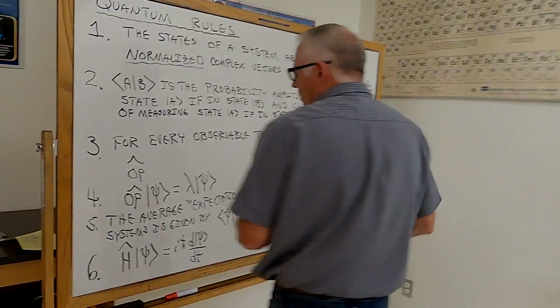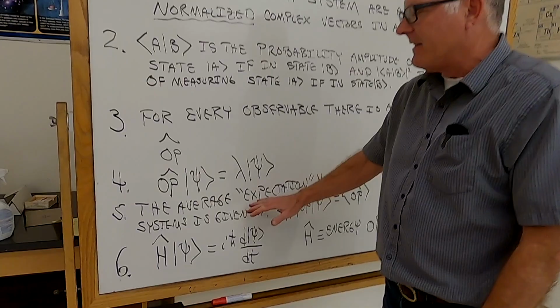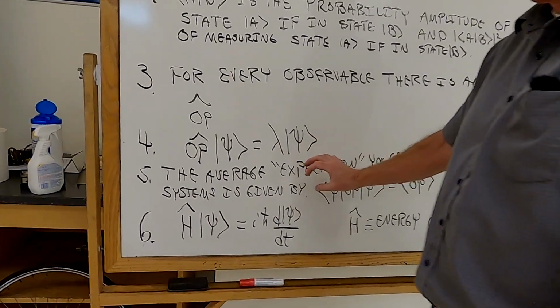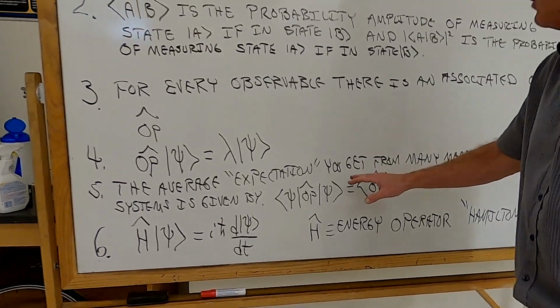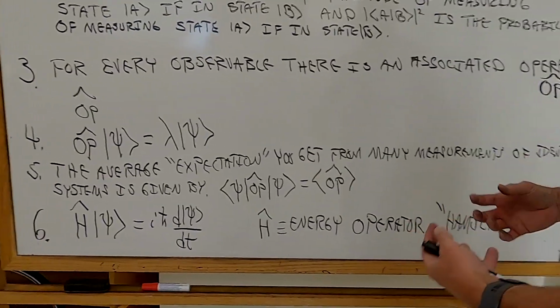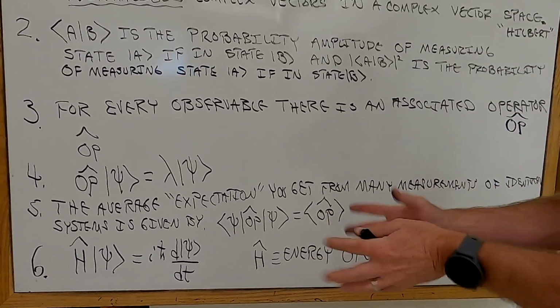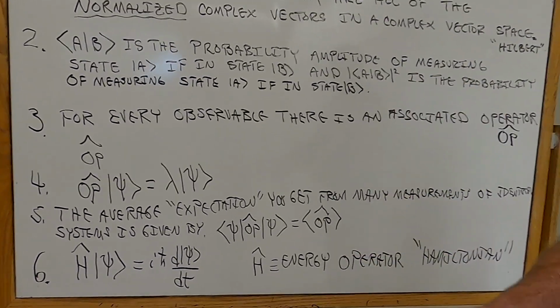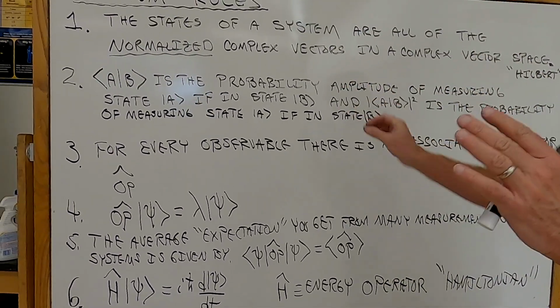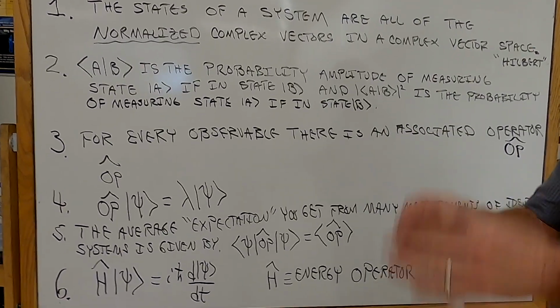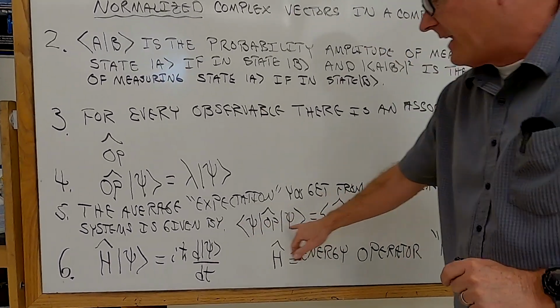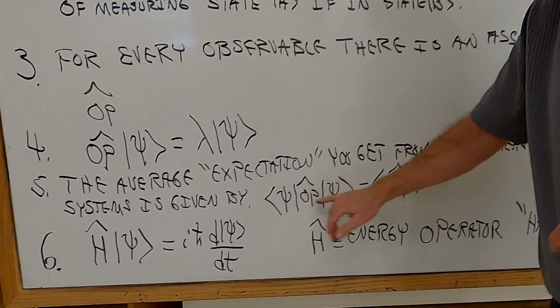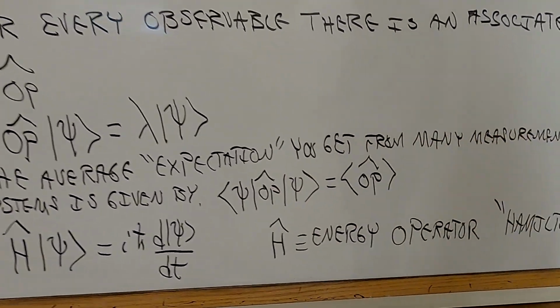And then this I tagged on, it's just more of a statistics equation. It said the average or expectation you get from many measurements of identical systems. If you have a whole bunch of identical electrons and measure the first one, read it out, measure the second one, measure the third, and find the average of all those values, it's given by making this sandwich with the operator.